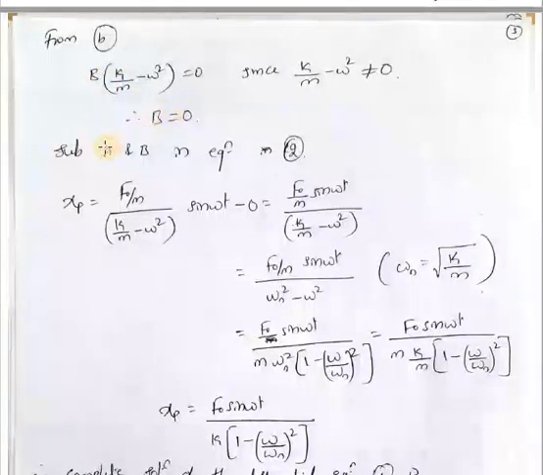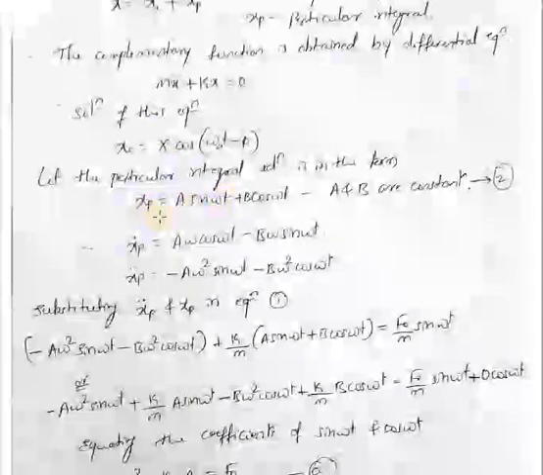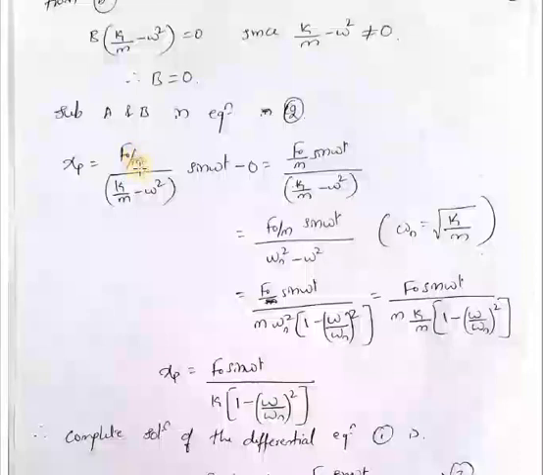Now if you substitute a and b in equation number 2, that is the xp equation, we get xp as f naught by m divided by k by m minus omega square into sin omega t, minus b which is 0, equal to f naught by m into sin omega t divided by k by m minus omega square.